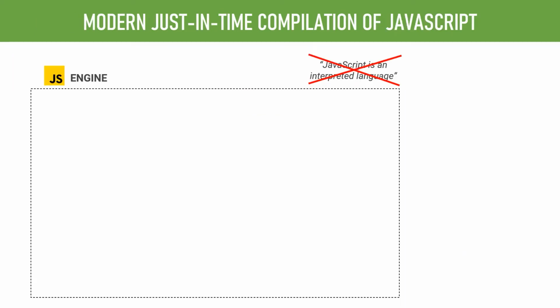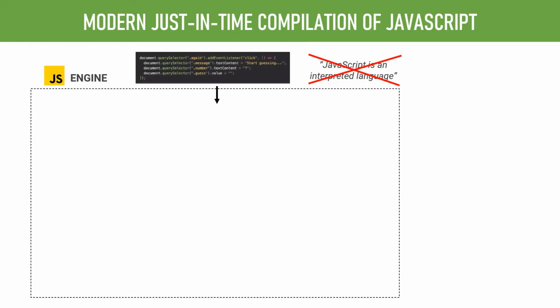So, as a piece of JavaScript code enters the engine, the first step is to parse the code, which essentially means to read the code. During the parsing process, the code is parsed into a data structure called the abstract syntax tree, or AST. Okay?